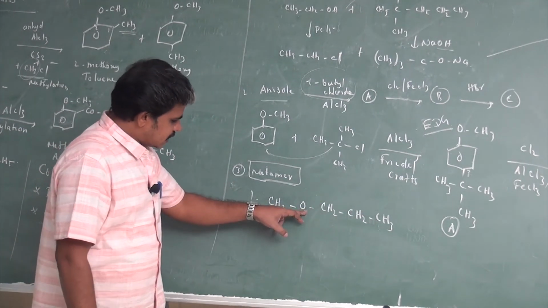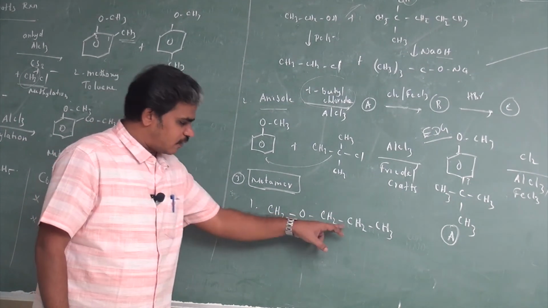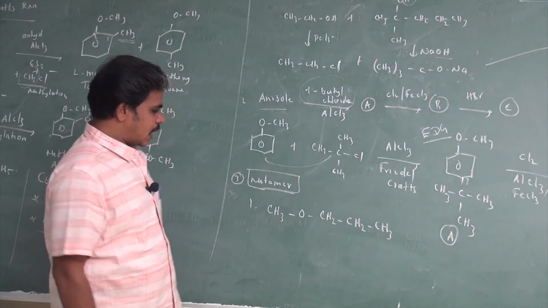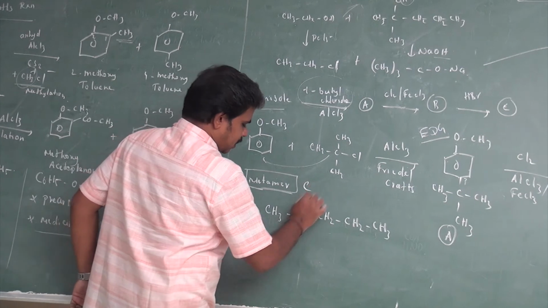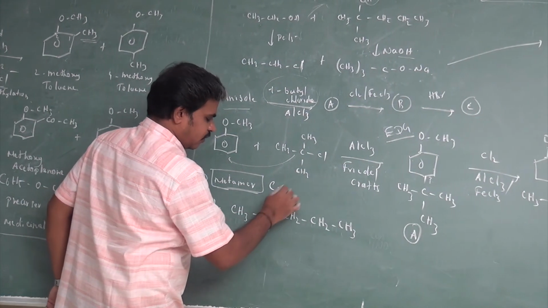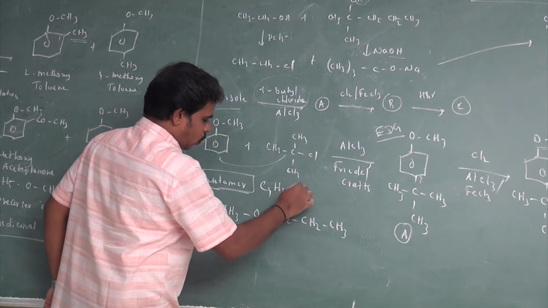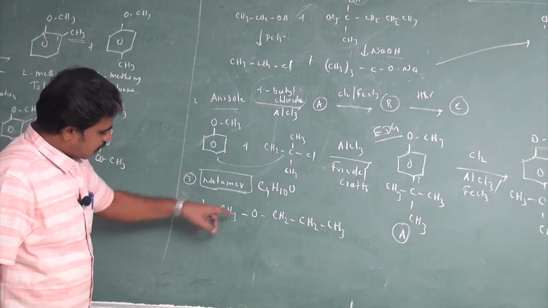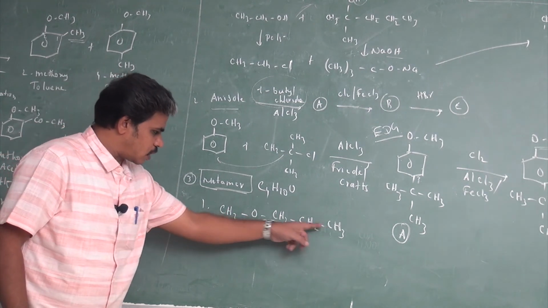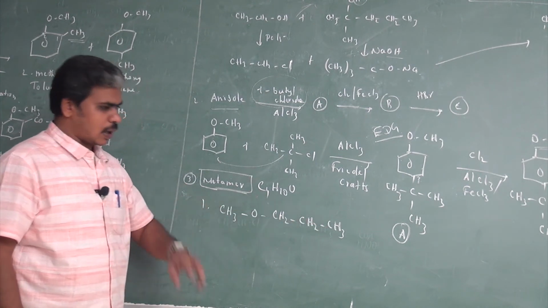So oxygen is attached with two different groups, one is methyl and the other n-propyl, and it has the molecular formula C4H10O. So for that molecular formula C4H10O, 4 carbon and 10 hydrogen, 1 oxygen.